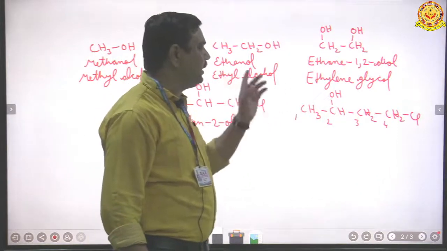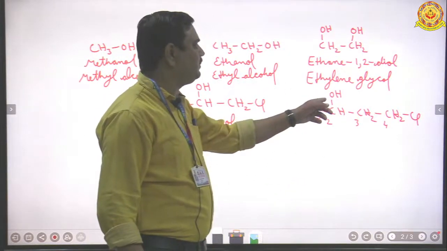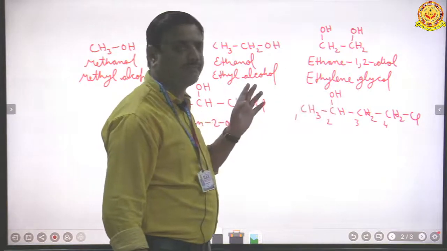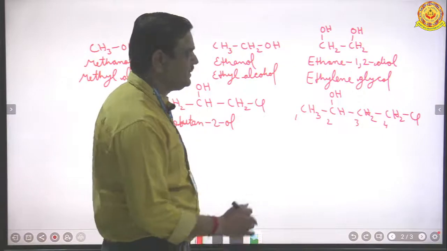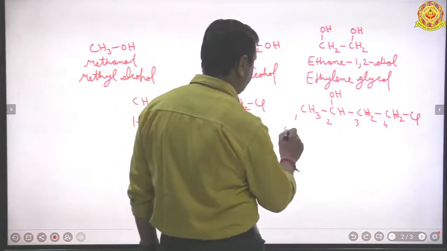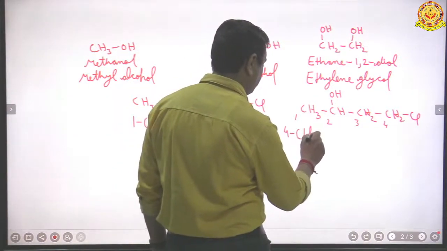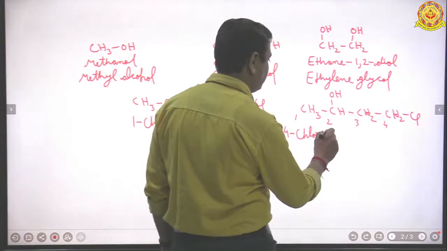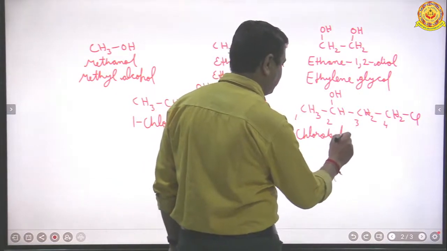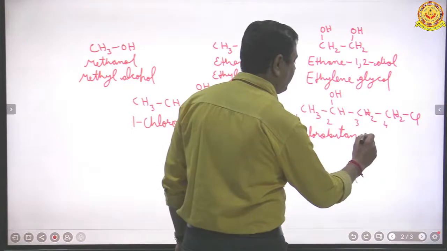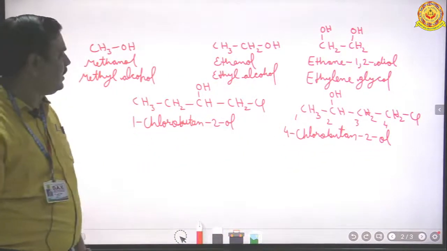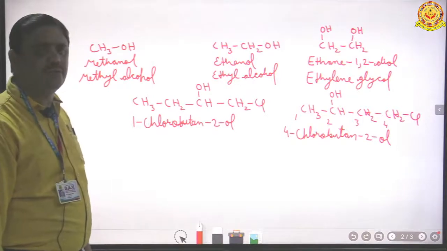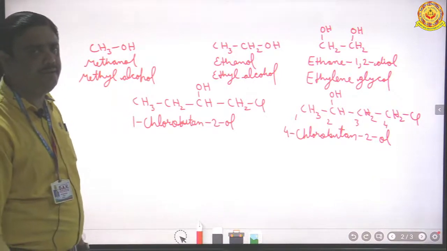So we will give the smaller possible number to the hydroxyl group. So it will be numbered from left to right, and the name will become 4-chlorobutan-2-ol. 4-chlorobutan-2-ol. Okay.